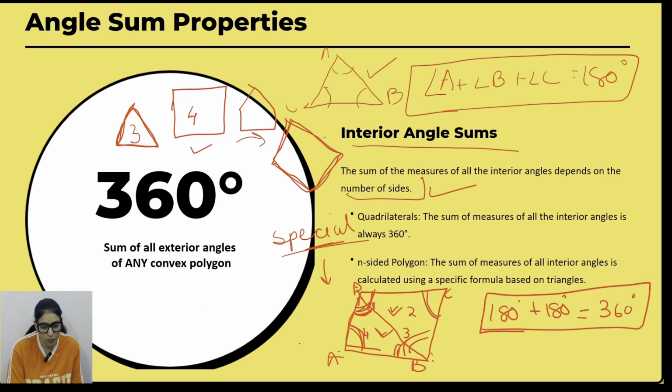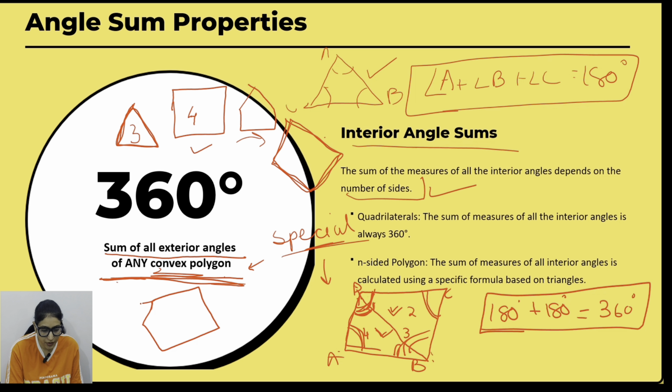So see, here the sum of all exterior angles of a convex polygon. Now here we are saying convex polygon means any polygon, and it can have any number of sides. So if I draw any convex polygon here and draw all exterior angles, see, the angles which are in the exterior part are called exterior angles. So I am extending each of the sides and hence I am getting the exterior angle.